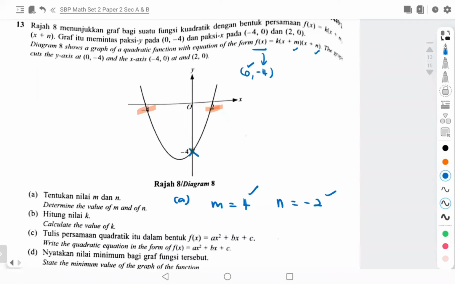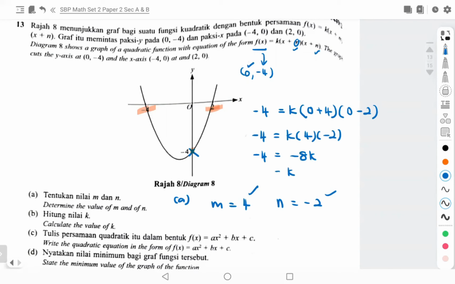So -4 = k(0 + 4)(0 - 2), which gives -8k. So k equals positive 1/2. Got it?